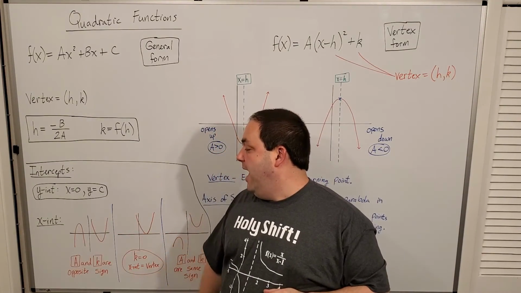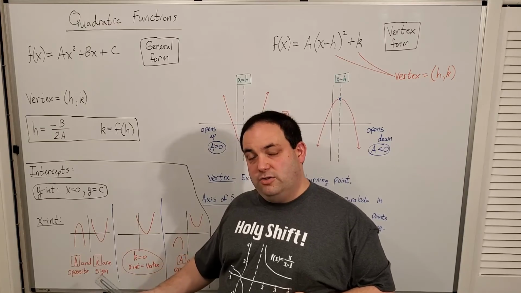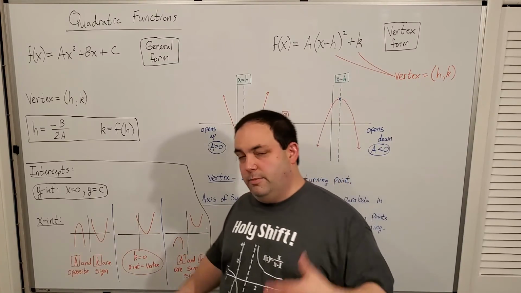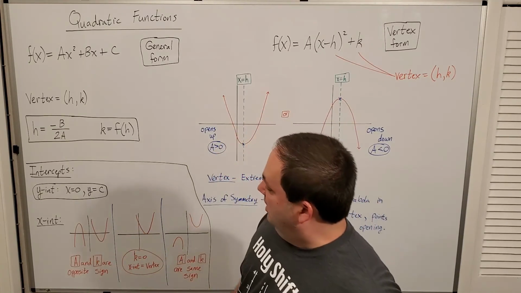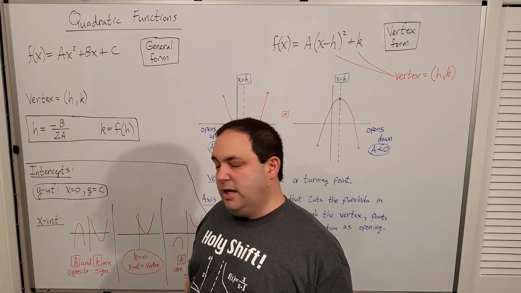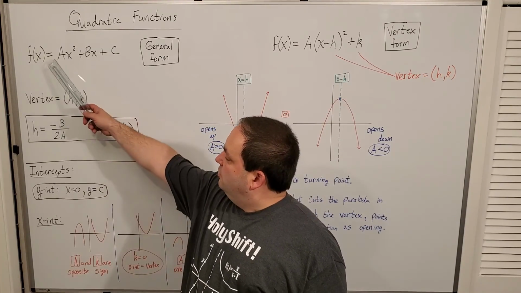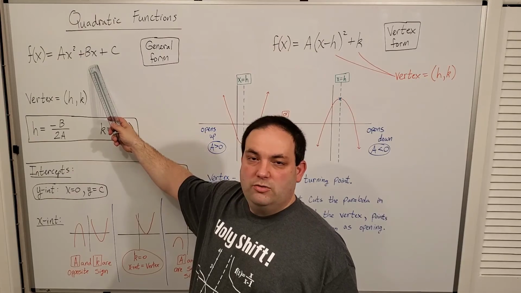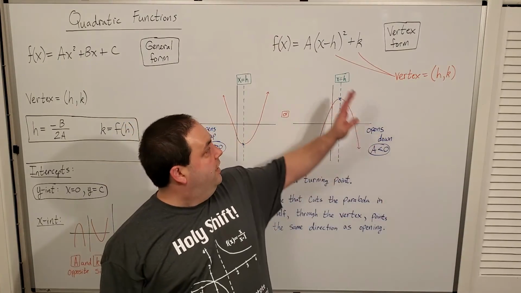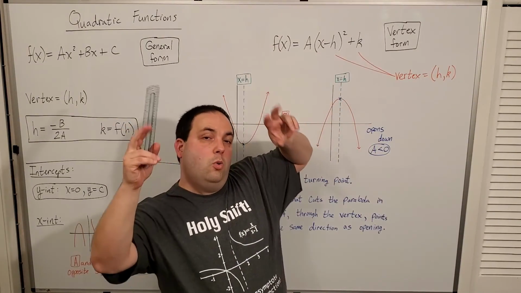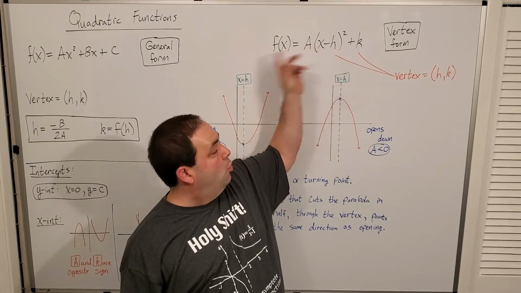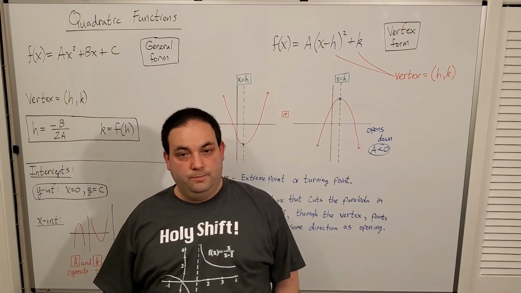For x-intercepts, you're going to be plugging 0 in for y. So notice right here, you'd just be solving a quadratic equation. Over here, you would still be solving a quadratic equation, but it'll be more like moving things around.